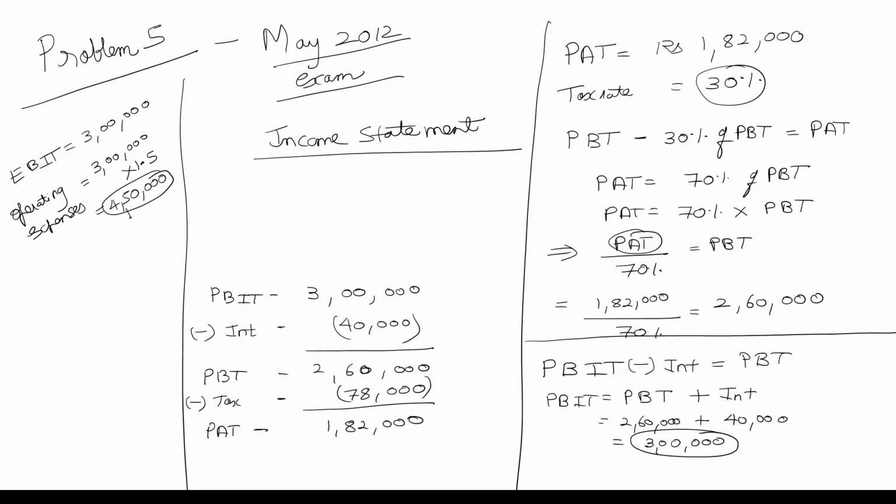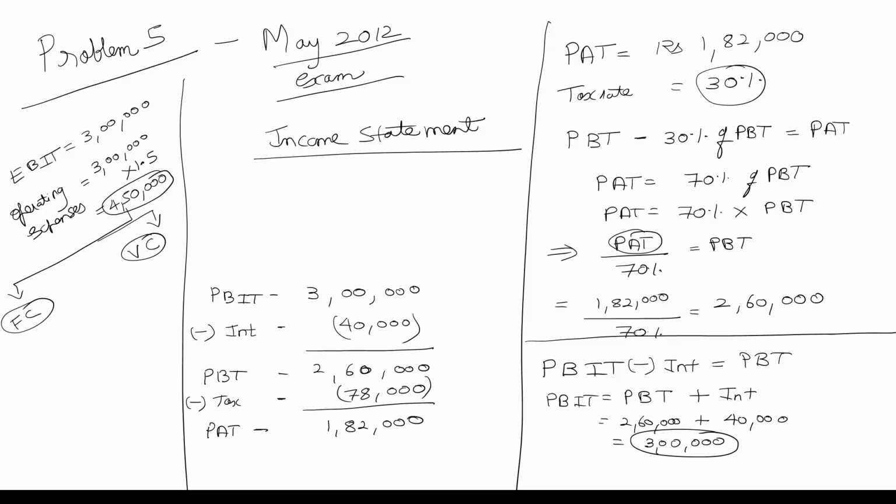But I need to segregate this operating cost into fixed cost and variable cost. This is because I need to construct the income statement showing the segregation. Only then I'll be able to calculate the leverages appropriately. So I need the segregation between fixed cost and variable cost. How do I do that? If I look into the second table in the question, it says depreciation included in the operating expenses is 90,000.